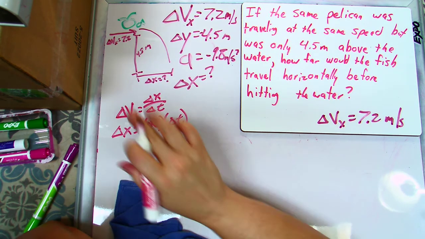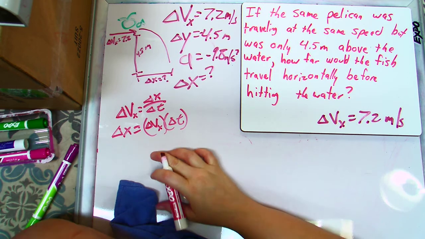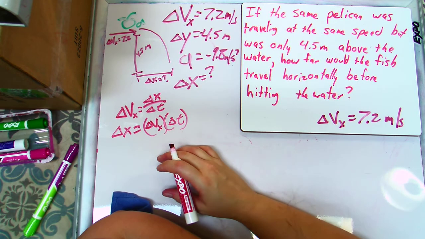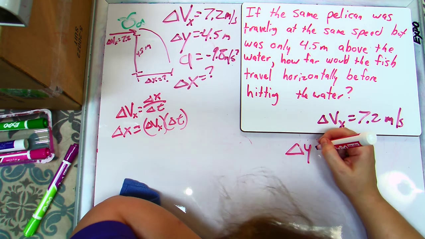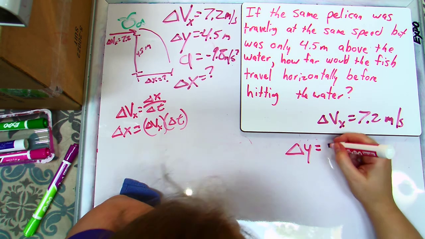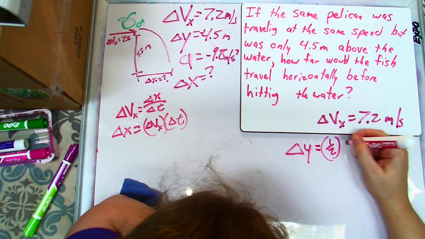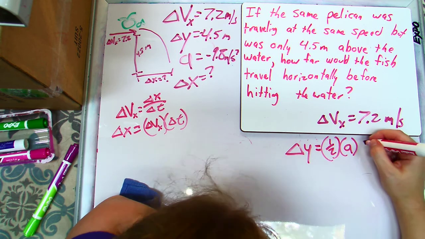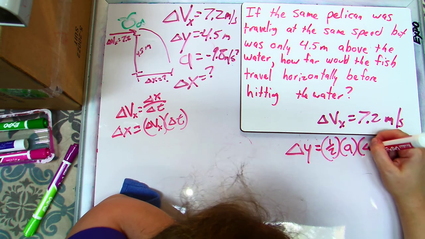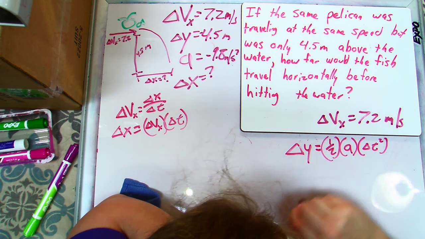But once again, we need to find time. But we can find it the exact same way we did before. Isn't that awesome? So we have change in y equals 1/2 the acceleration due to gravity times delta t squared, or time squared.